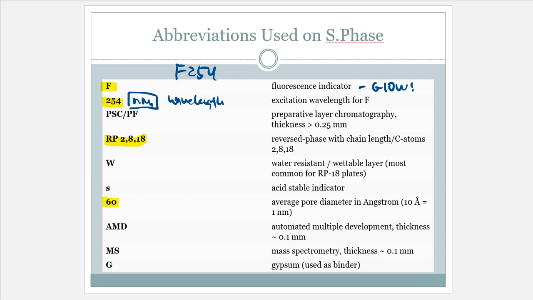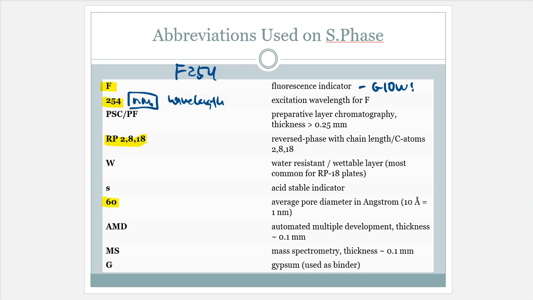There are other wavelengths out there that we can utilize that will glow under certain circumstances, and you get a few choices. But that 254 is telling you the nanometer that is the most appropriate for the components that you want to see, that you want to analyze, that you want to do development with at the end of the process of TLC or HPTLC.